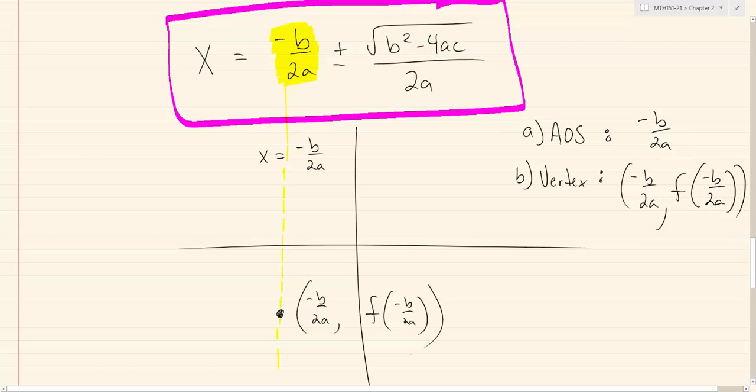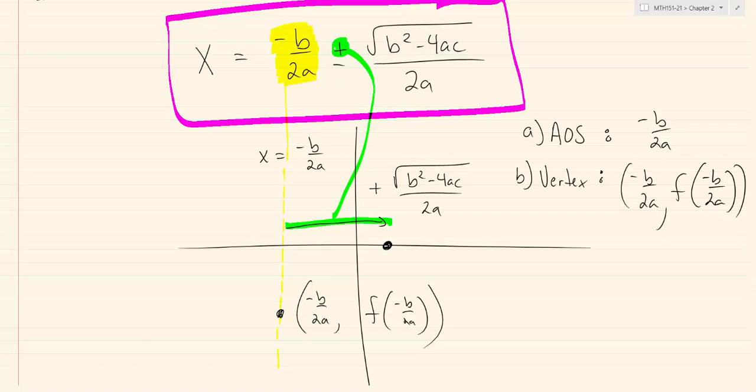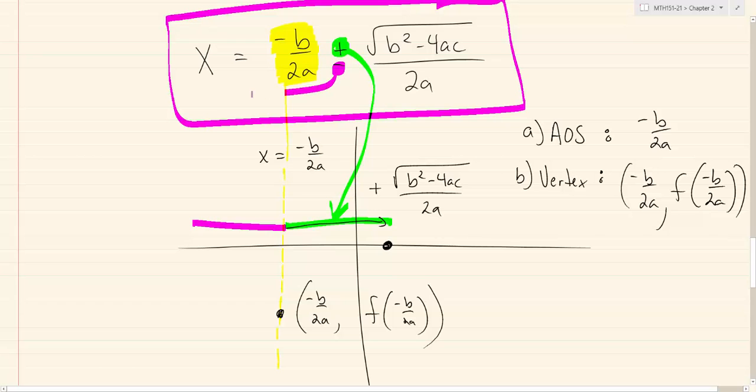Where are the x-intercepts? Well, your first x-intercept is going to be, again, off this line of symmetry right here. That distance is going to be plus the square root of b squared minus 4ac over 2a. It's going to be the plus. And this distance from here to here is going to be the minus.